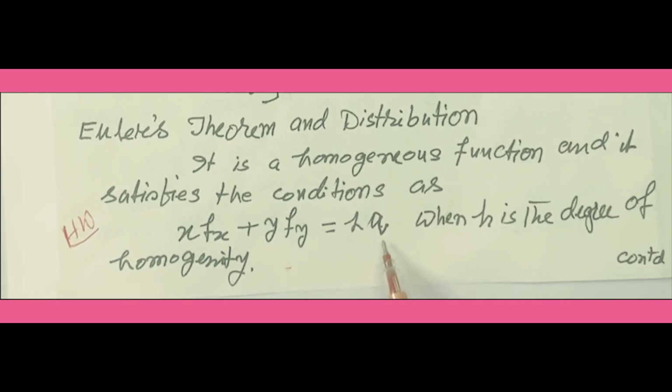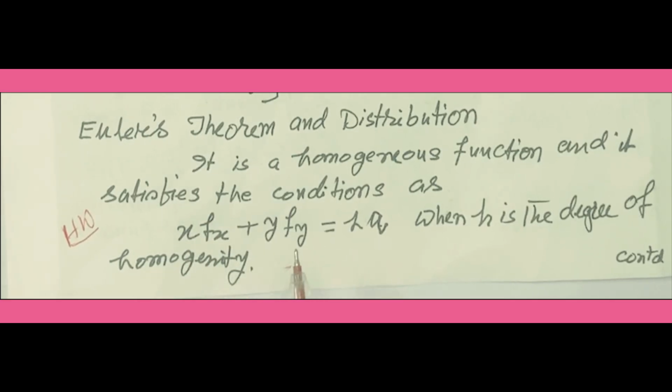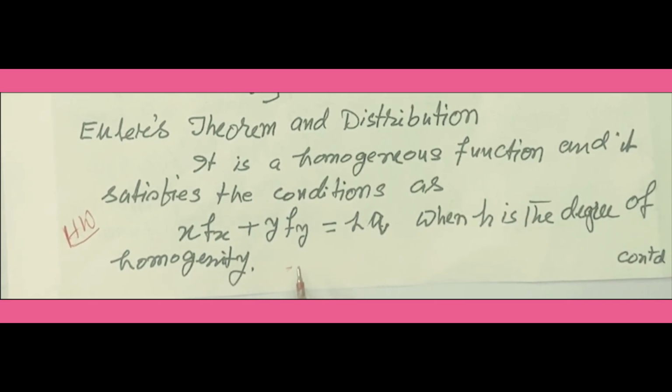So the degree of homogeneity multiplied by output is equal to this. It is used to explain the marginal theory of distribution in economics. So we'll discuss it.